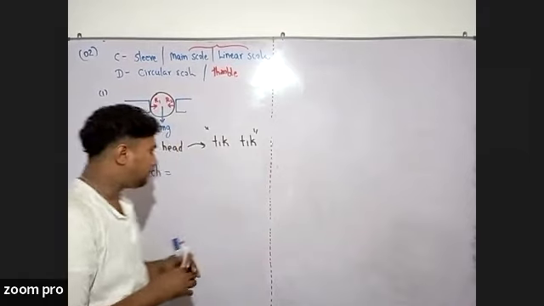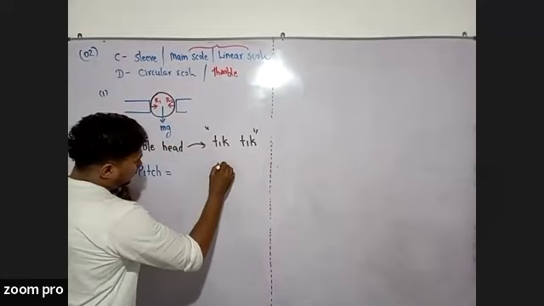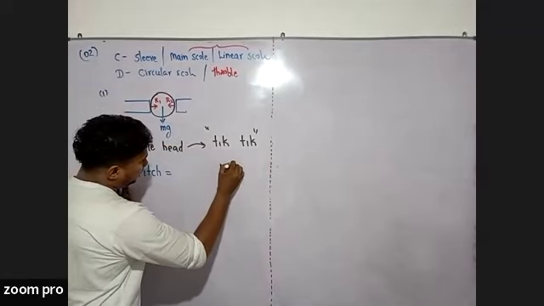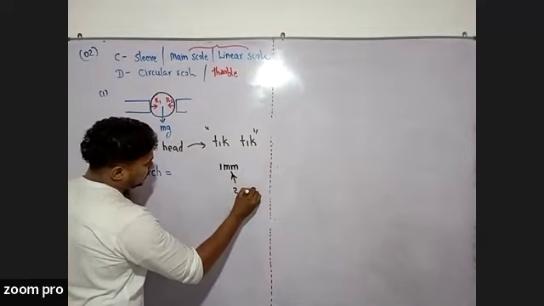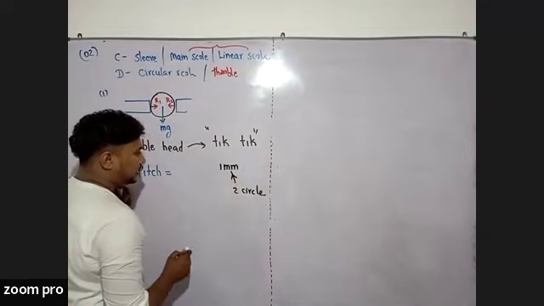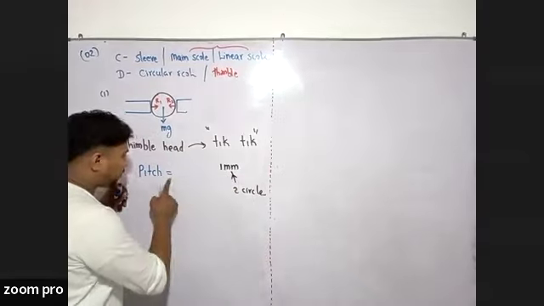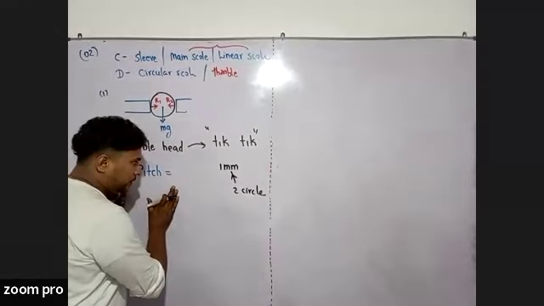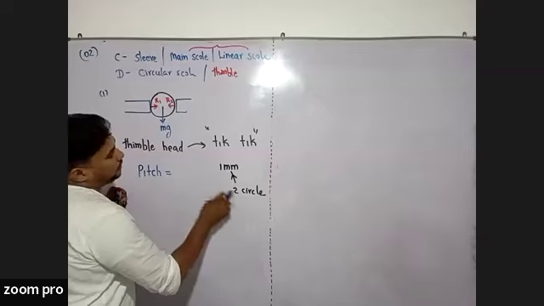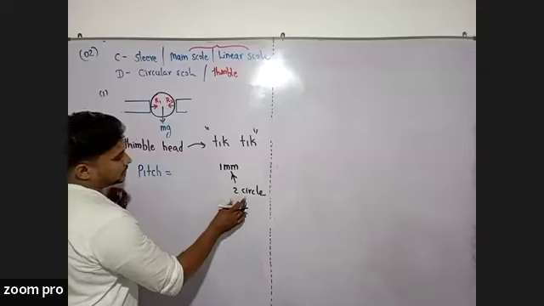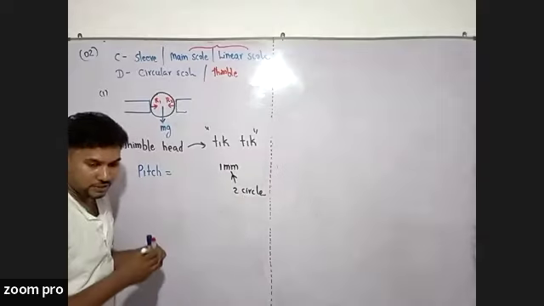Right. But here, the spindle is moving 1 millimeter when rotating two circles of the circular scale. But the definition of the pitch is the distance traveled by the spindle when rotating one complete circle of the circular division.